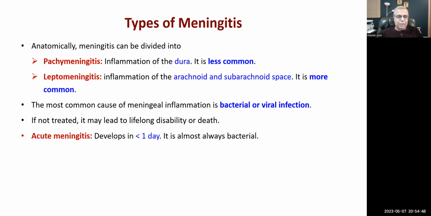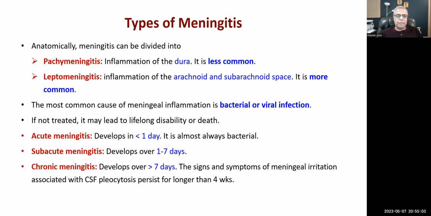Now, as I said, acute meningitis is the one that develops in less than a day, and it is almost always bacterial. Subacute meningitis develops over 1 to 7 days, and chronic meningitis develops over more than 7 days. The signs and symptoms of meningeal irritation associated with CSF pleocytosis persist for longer than 4 weeks.